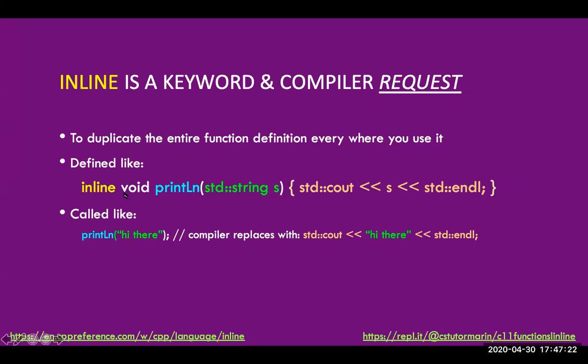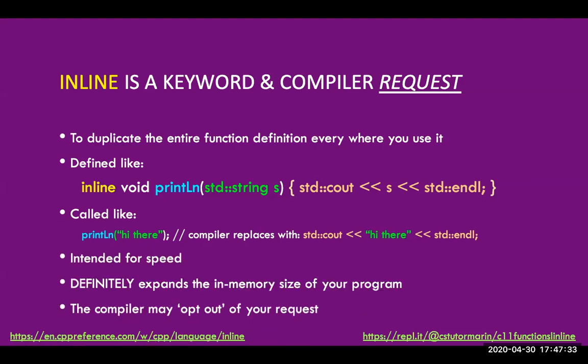So if I said inline void print line, it's going to request that the compiler replace the print line hi there with the actual code that implements that call, right? It takes up more room in memory, but it executes in theory faster because it's not putting something on the stack and calling the function stack that we usually do to jump into a function. It actually gets put there by the compiler, almost like templates a little bit, right?